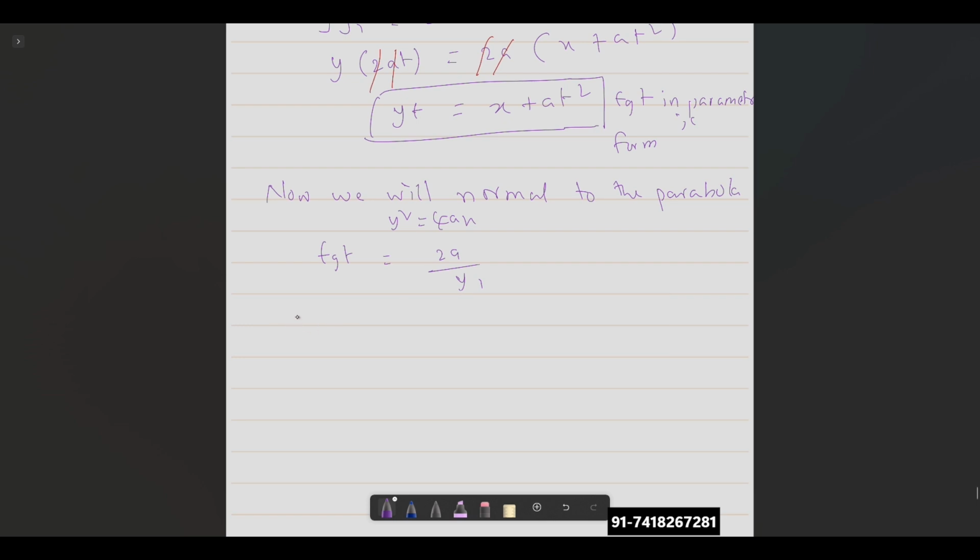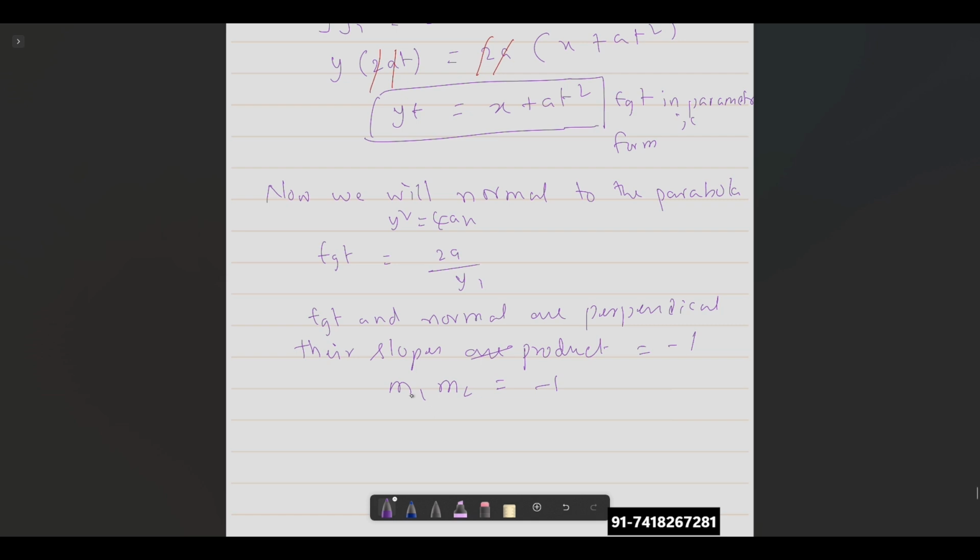So you know from analytical geometry, since the tangent and normal are perpendicular, their slopes' product is equal to minus 1. That is m1 into m2 equal to minus 1.